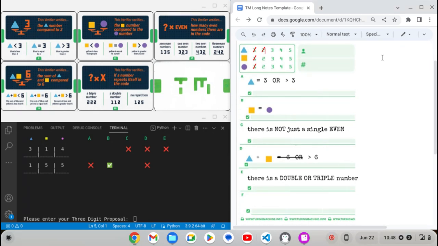Okay, so can it be 2, 2? I guess if it was exactly 3, well, it couldn't be 3, 2, 2, because the sum is not greater. And can it be 4, 2, 2?